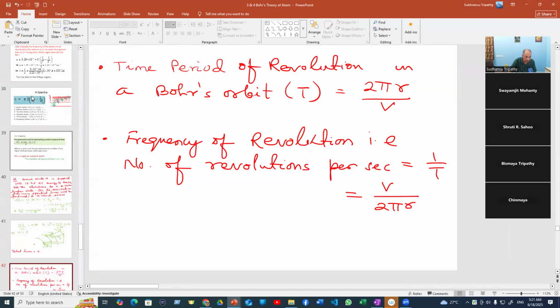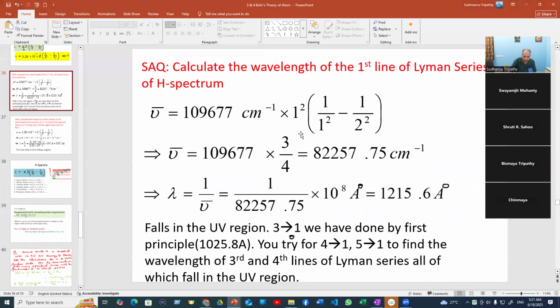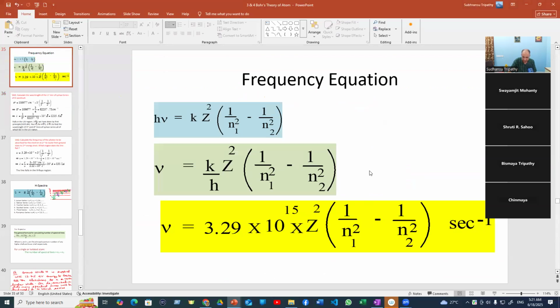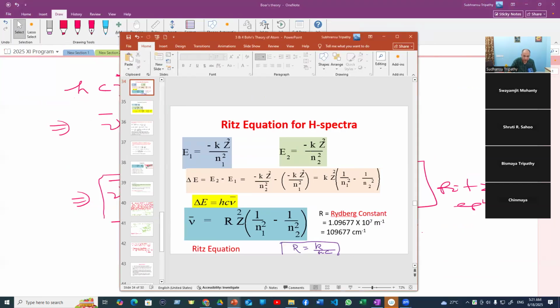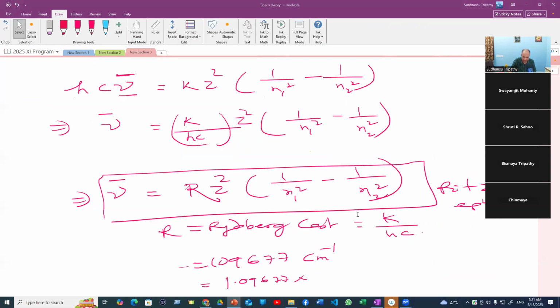You must be acquainted with both, 109,677 centimeter inverse and 1.09 into 10 to the 7 meter inverse.